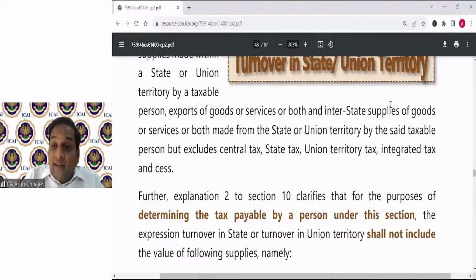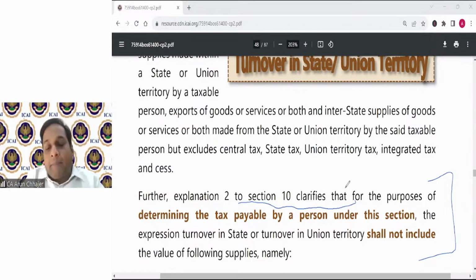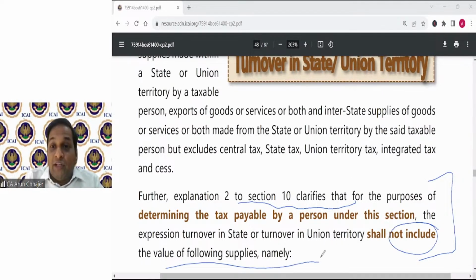Now we need to understand the explanation. What is Explanation 2? Explanation 2 to Section 10 clarifies that for the purpose of determining the tax payable by a person under this section, the expression turnover in the state or UT shall not include the value of the following supply. Which value will not be included?